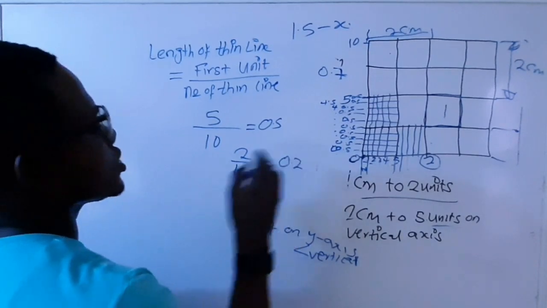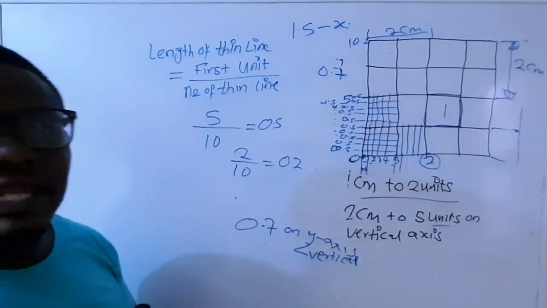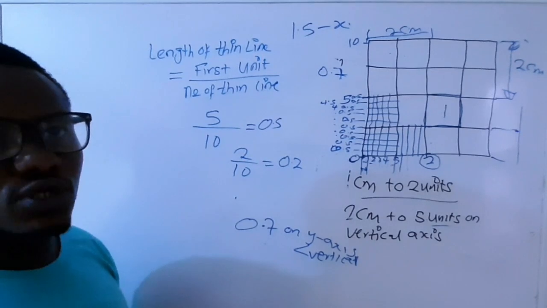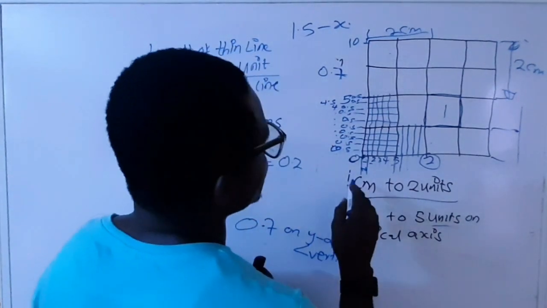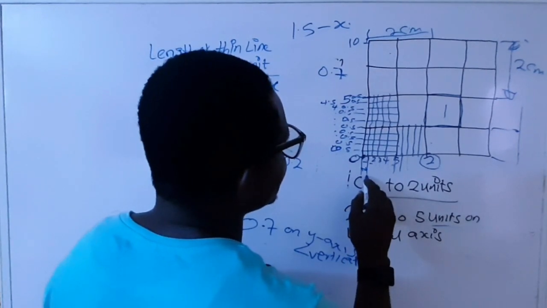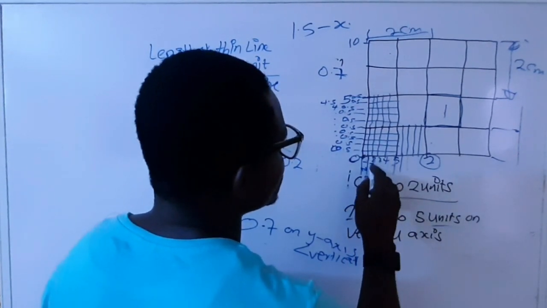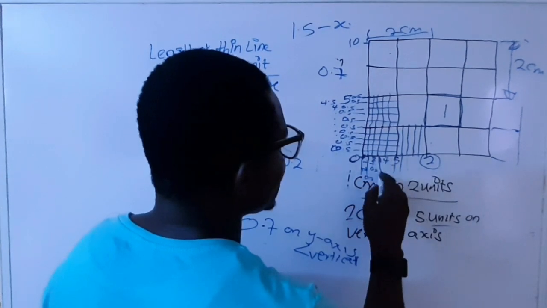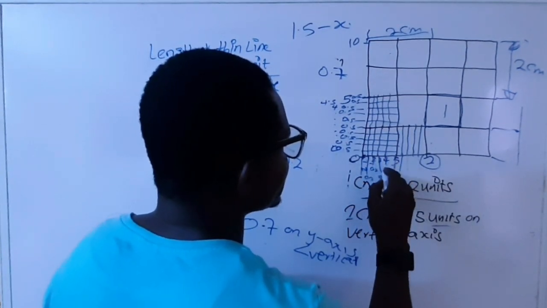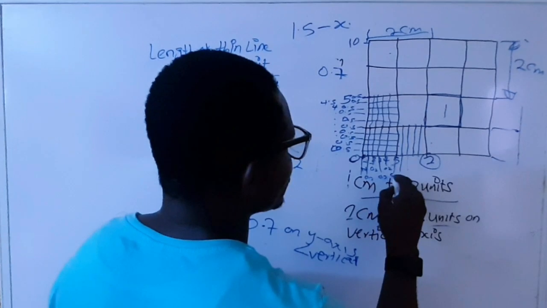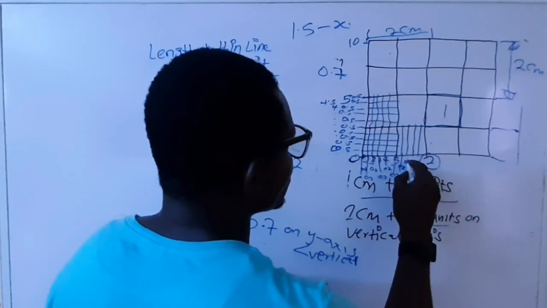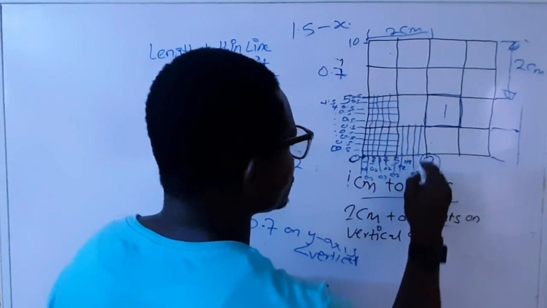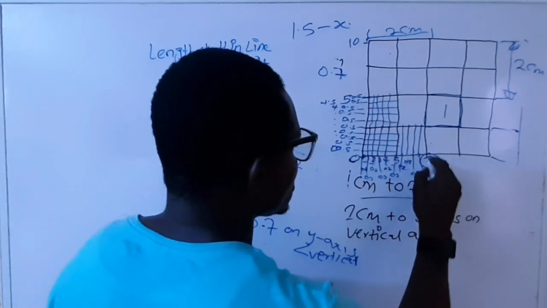So each small line is 0.2. So let's calculate. From here I'm having 0.2, here 0.2, this place 0.2, here 0.2, this line 0.2, and on 2 you have 0.2.